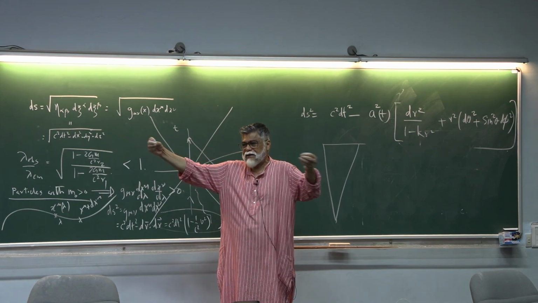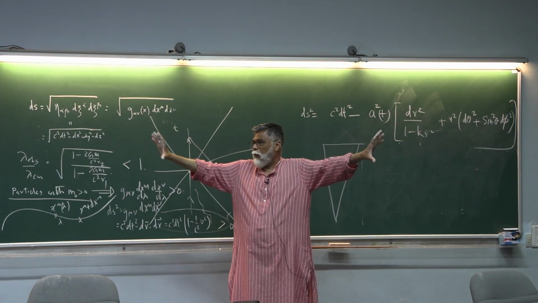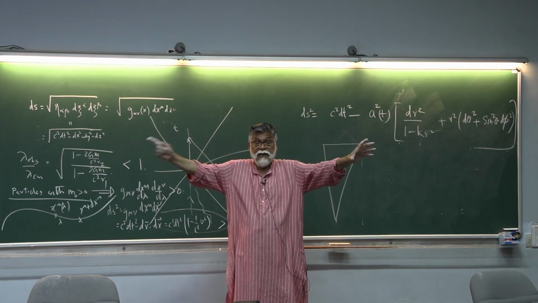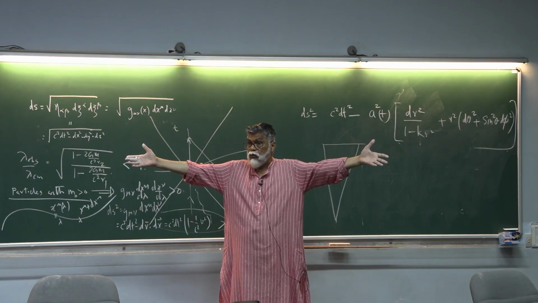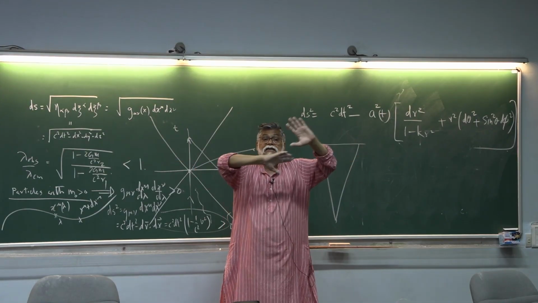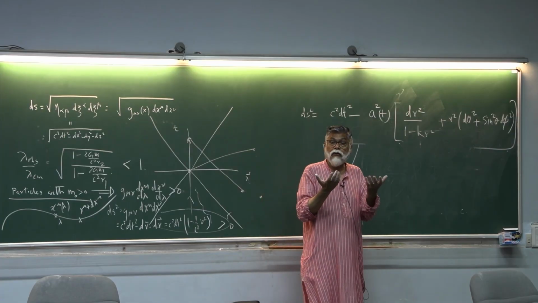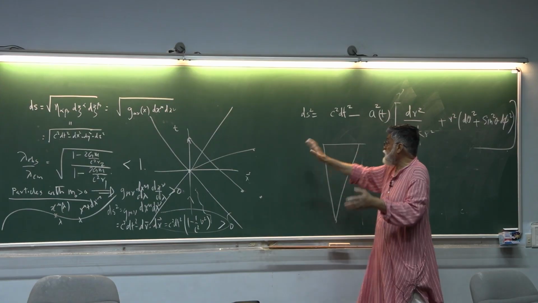There are radio jets, and for the classic radio doubles, there's a radio blob here, and you can ask the question, what is the physical distance between the two radio blobs? But this is all in curved space-time. How am I going to measure the physical distance?